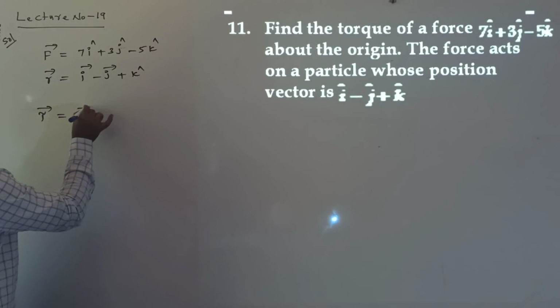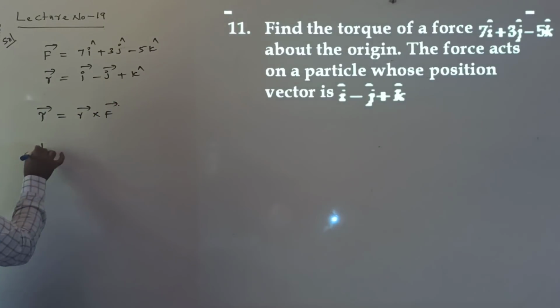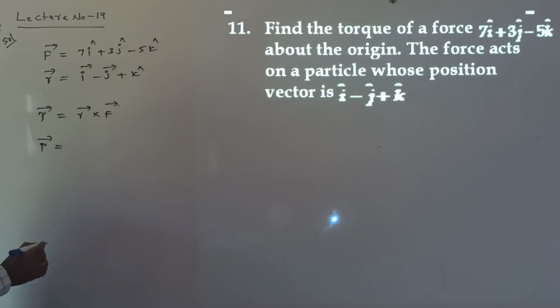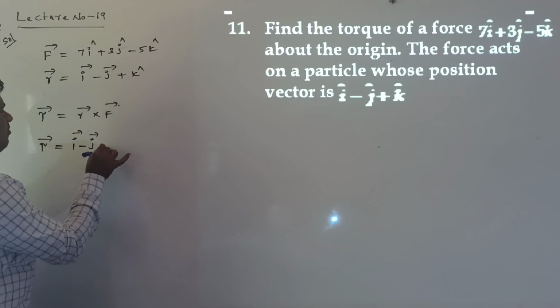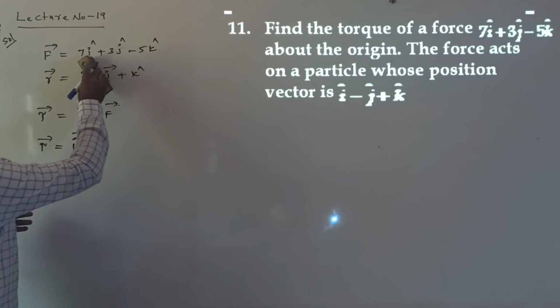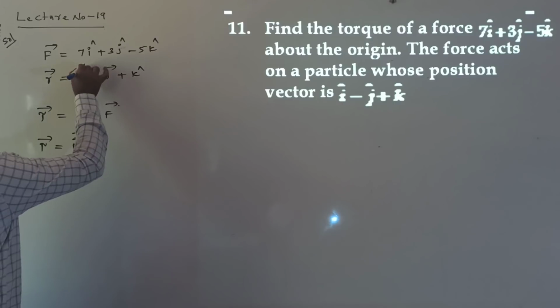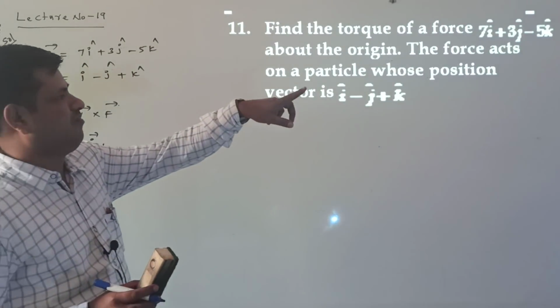Torque is equal to the formula r bar cross F bar. You know that general formula. Torque bar is equal to r bar cross F bar, where i cap, j cap and k cap are unit vectors. Here r bar = i cap - j cap + k cap, and the force is 7i cap + 3j cap - 5k cap.